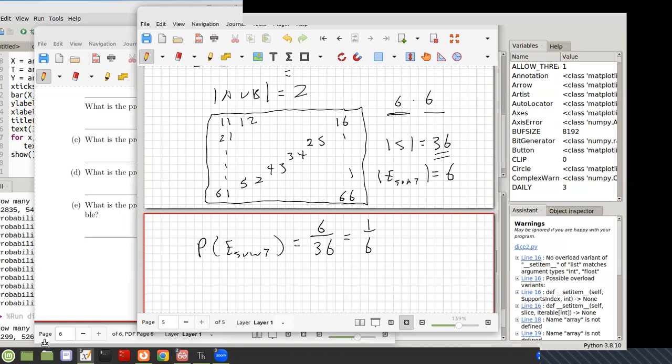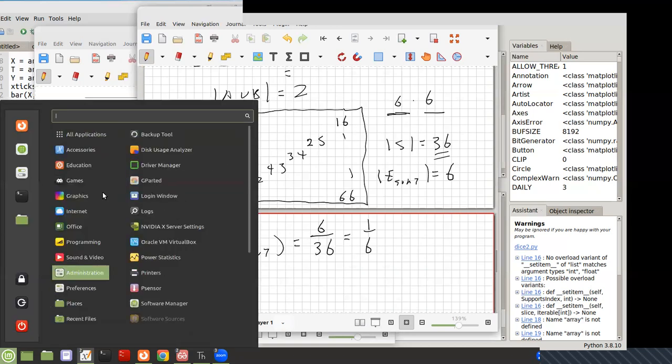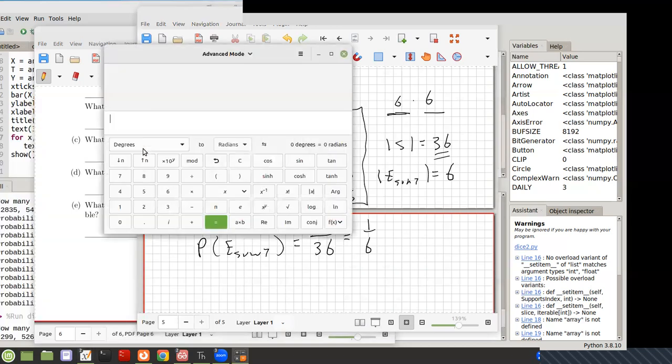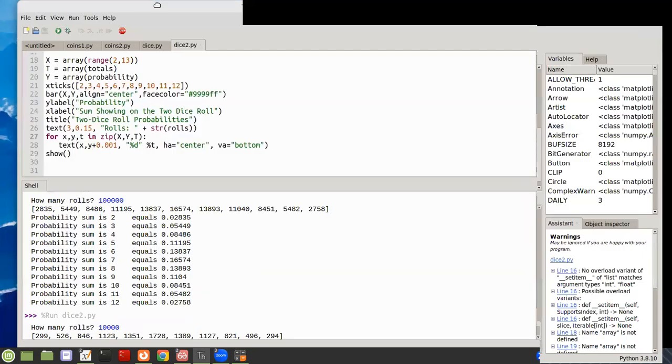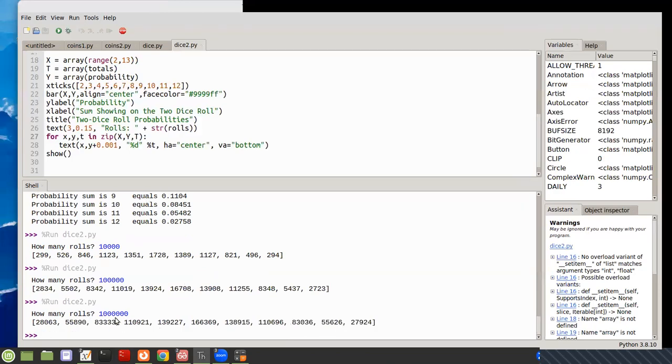Now, just to connect up with the numbers, that's 0.166, right? And we could do it in Python too.